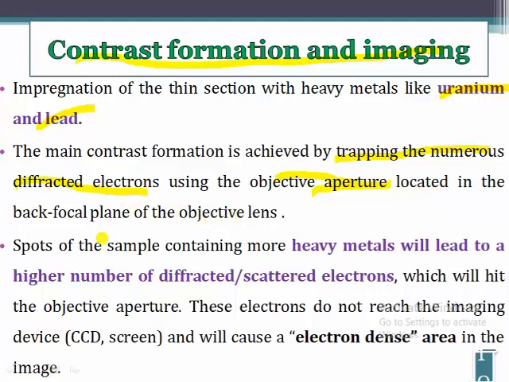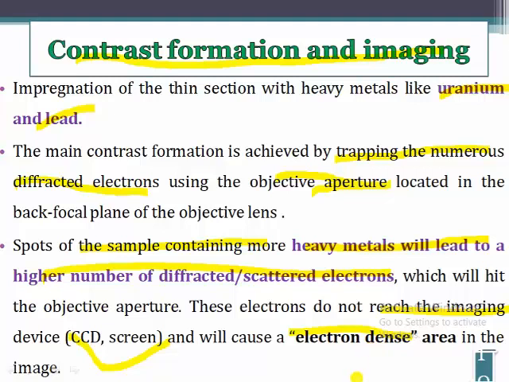objective lens. Means what? Spots of the sample containing, how will we get the image? So spots of the sample containing more heavy metals will lead to a higher number of diffracted or scattered electrons, which will hit the objective aperture. Means what happened? These electrons which have hit heavy metal do not reach the imaging, means do not reach the CCD camera, and will cause an electron dense area, means it will produce a dark area.